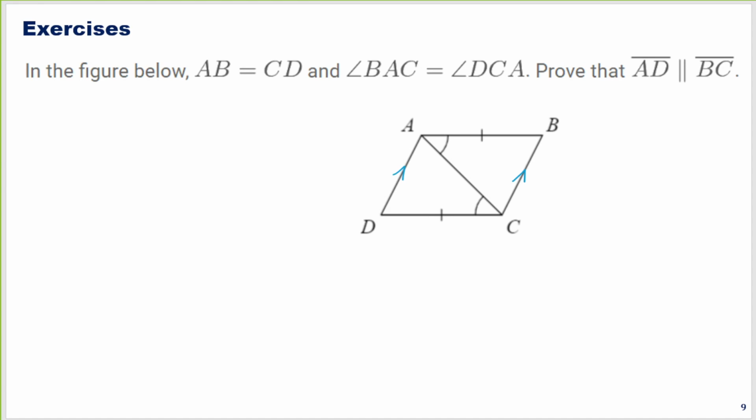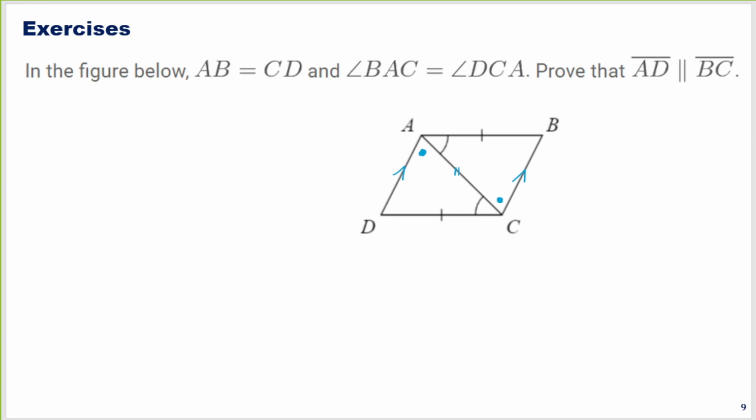For example, if you can prove angle ACB equals angle CAD, then we can prove these two lines are parallel, because these two angles are the alternate interior angles of these two lines with a passing line here, right? So how do you prove these two angles are equal?